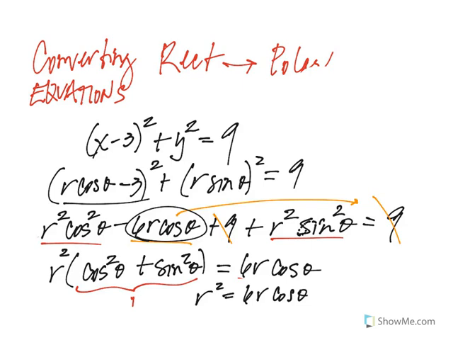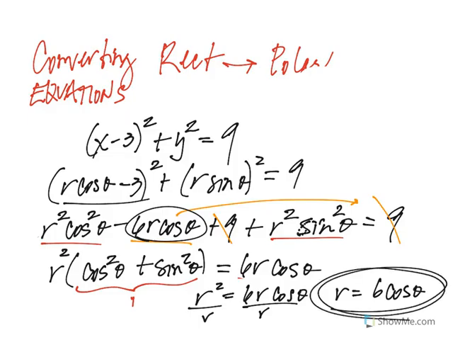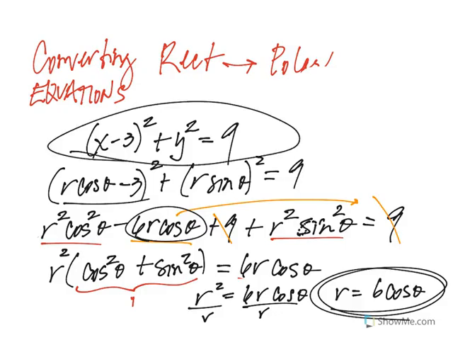This is the only time you're going to want to do this. Generally, you never divide by a variable. I'm going to divide both sides by r, and I get r is equal to 6 cosine theta, which is going to be the polar form of this rectangular form of a circle.